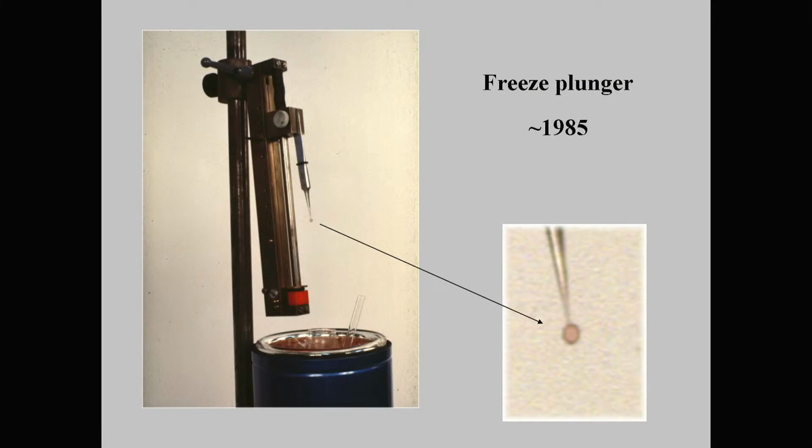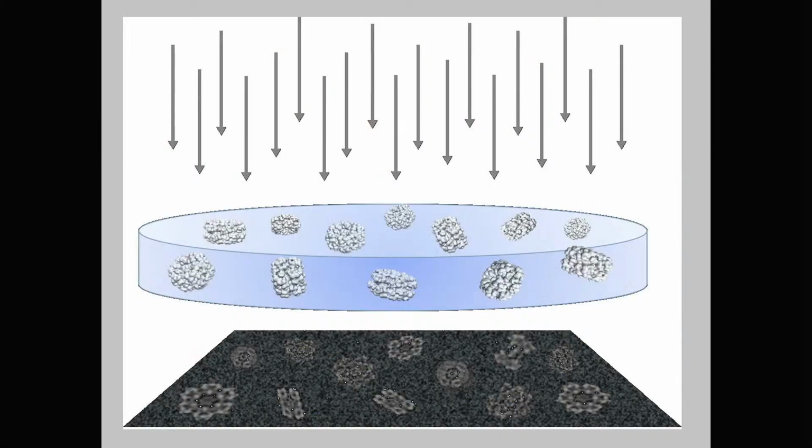This is the first machine that we built in Berlin. We had a hard time to get good samples, and this is the 3 millimeter copper grid that you use to put your sample on. Then you freeze it rapidly, put it into a vitreous water state, and this is the diagram that one of our ex-students drew, and here you have hemoglobins in this layer of vitreous water.